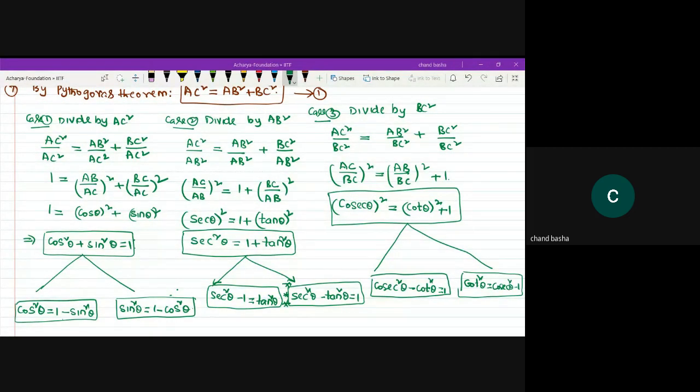You will be able to get all three trigonometric identities or formulas. Whenever we have doubt while solving problems, we can make use of the proofs also. Is it clear? Yes, sir. I'll go for the next concept.